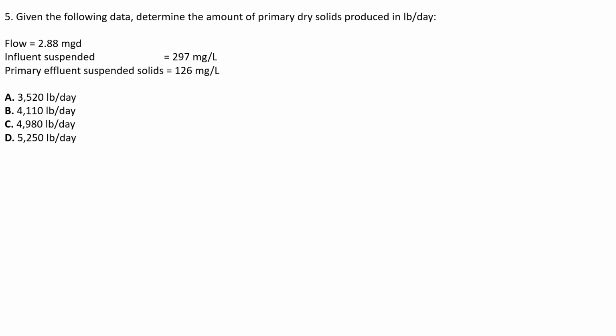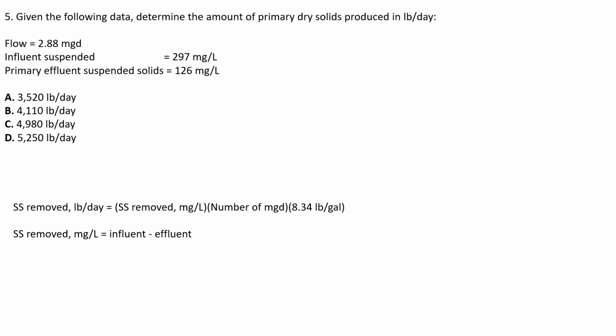Question 5 was, given the following data, determine the amount of primary dry solids produced in pounds per day. Flow, 2.88 mgd. Influent suspended solids, 297 milligrams per liter. Primary effluent suspended solids, 126 milligrams per liter. All right, so suspended solids removed pounds per day is equal to the suspended solids removed milligrams per liter times the number of million gallons a day times 8.34 pounds per gallon.